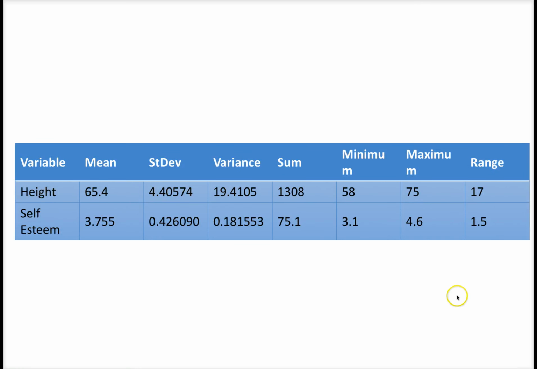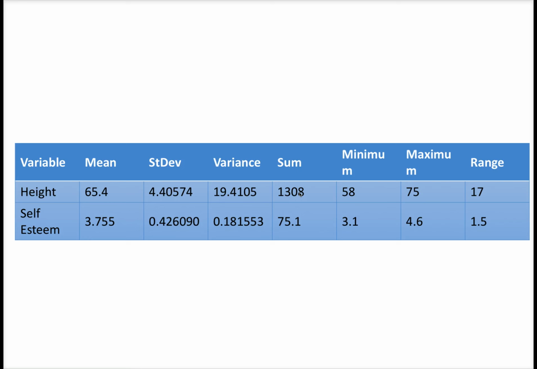And here are some of the basic statistics related to the variables. We have a mean score, which is the mathematical average. The mean height is 65.4 inches. Again, this is made up data, so it doesn't represent any real population. The mean self-esteem score is roughly 3.8. We have the standard deviation and the variance, and you'll see that the standard deviation is the square root of the variance by definition.